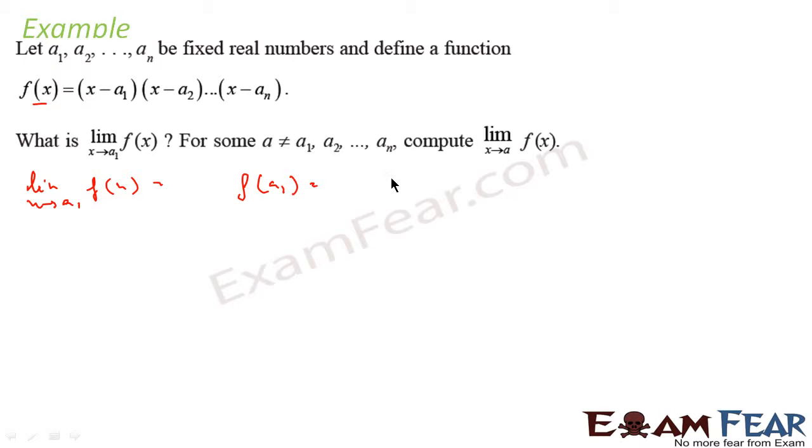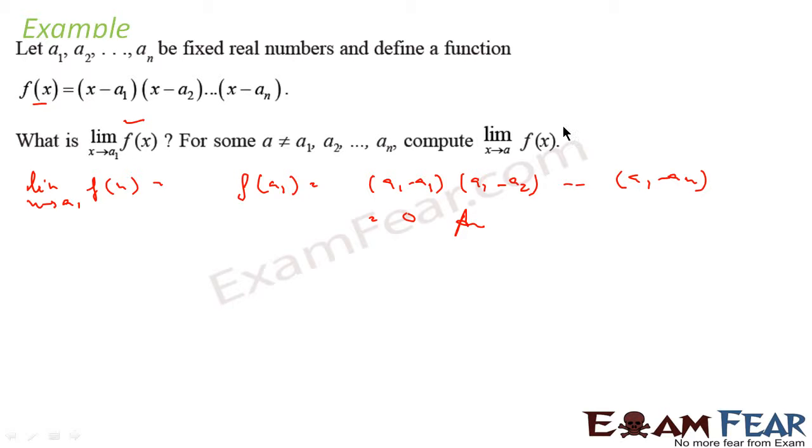This becomes (a1 minus a1) into (a1 minus a2) dot dot dot (a1 minus an). And this becomes 0 because this factor is 0. So this is a valid value. So we can say that f of a1, or limit of f function where x tends to a1, is 0. That is the answer.